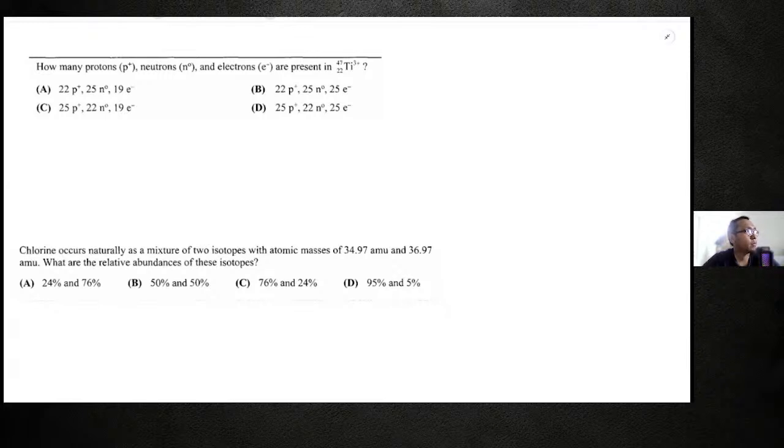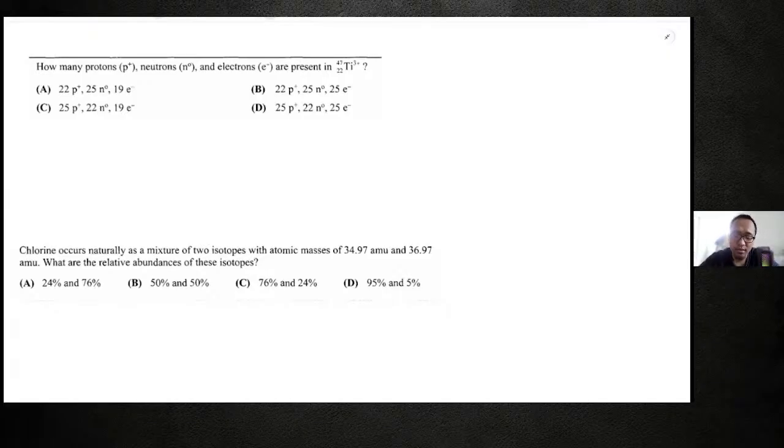We will discuss the concept, still the same: how many proton, neutron, and electron. Okay, so how many proton, neutron, and electron are present in Ti, 22, 47, and it has plus 3.